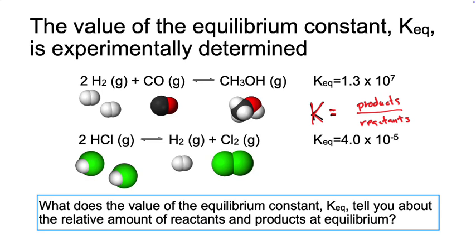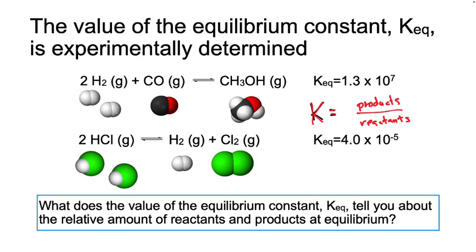What about a negative number? Because negative 1.3 times 10 to the 7th is a really, really small number, right? What would that mean if I had negative 1.3 times 10 to the 7th? Powers of 10 can be dangerous. Let's get rid of the powers of 10. I have negative 1.